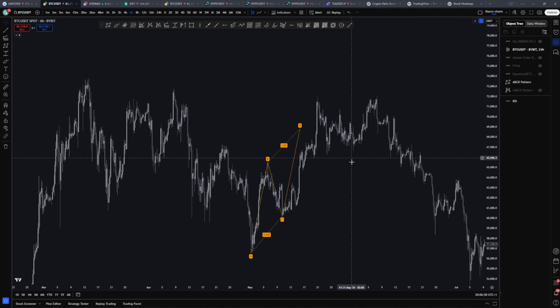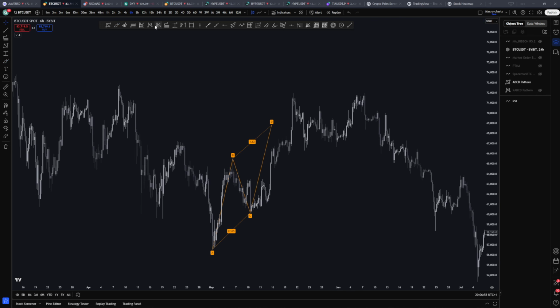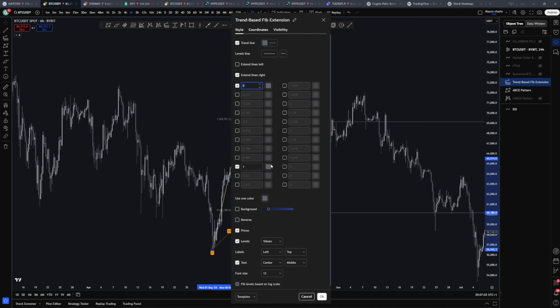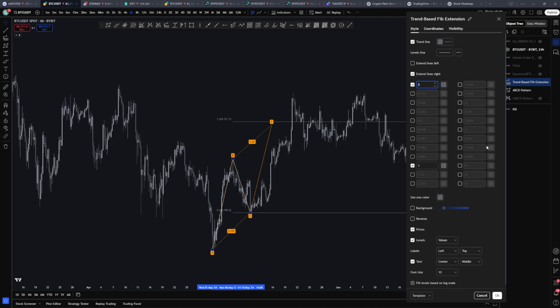So let's look at the ABCD. Let's draw it again. I'm going to draw the trend-based fib extension that ABCDs are based on. I'm going to draw that lightning pattern. However, this time, I'm going to enable the other fibs. As you can see, we have put it onto a fib tool. So why should we not use the other fibs? To reduce chart clutter a little, I'm only going to use levels above 1.